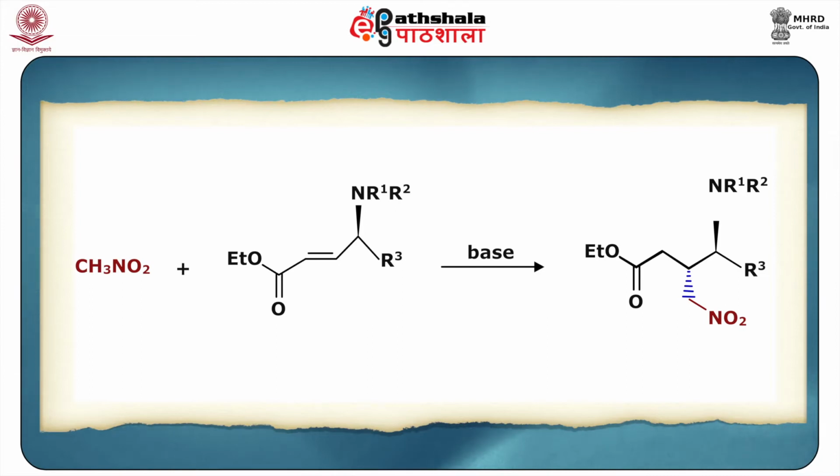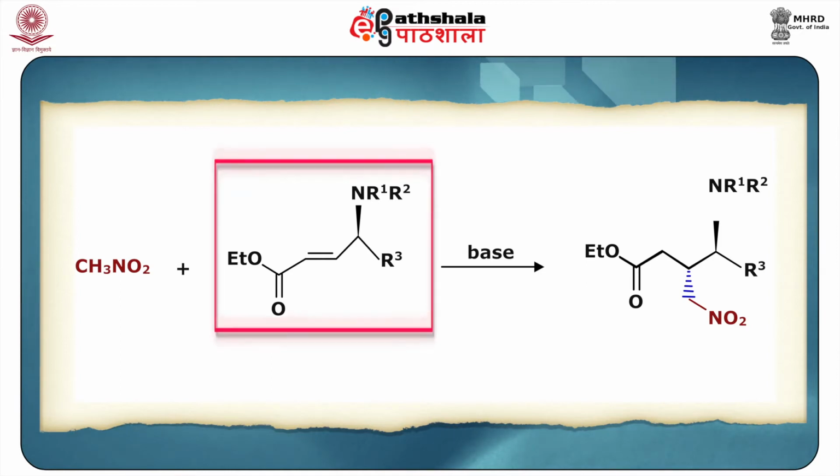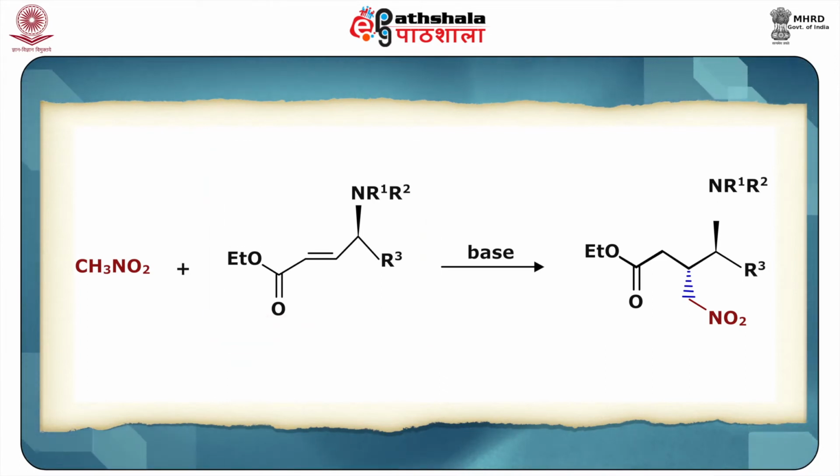For example, if we look at this equation as shown, we are taking CH3NO2, which is not chiral, but it is reacted with this chiral conjugated ester, where the ester acts as the electron withdrawing group to this double bond.